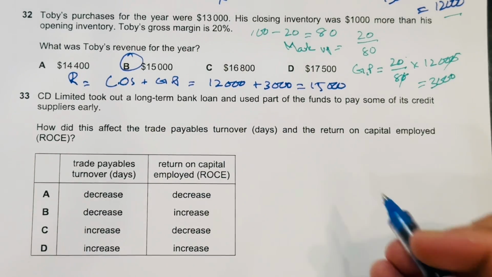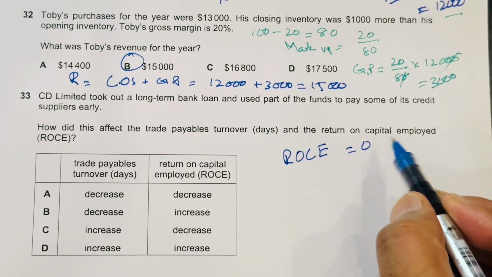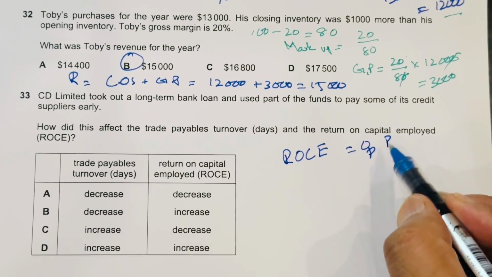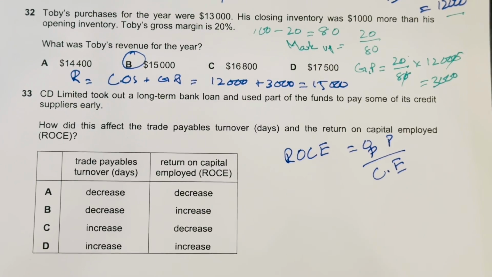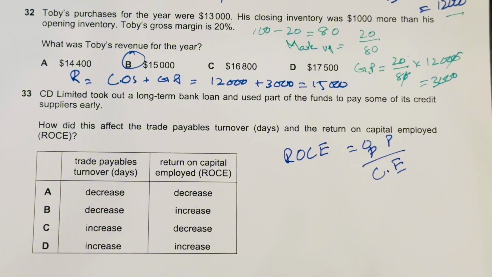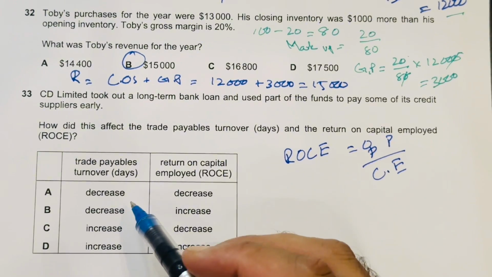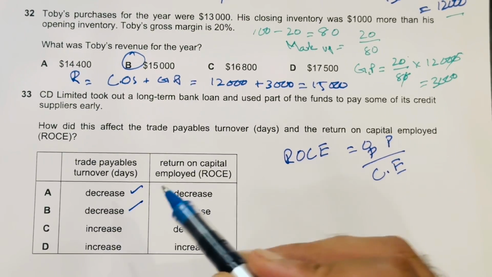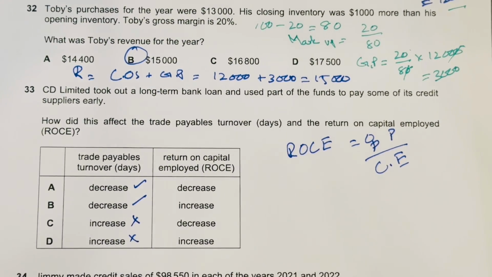We know that we calculate ROCE by dividing operating profit by capital employed. So how did this affect the trade payable days? We know that trade payable days would decrease. So options A and B are the right options.